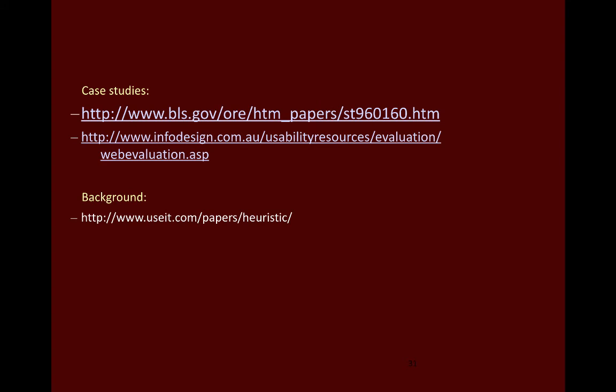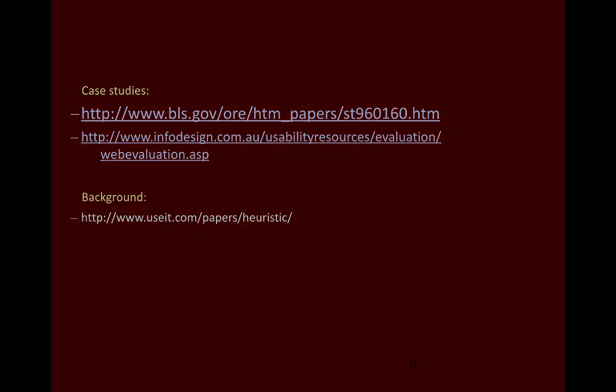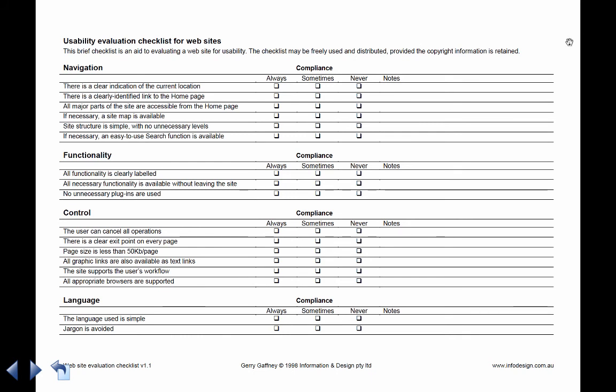Okay, so there are a number of examples here and websites that you can look at. But we'll show you an example. Here's an example of a checklist that is used for heuristic evaluation.